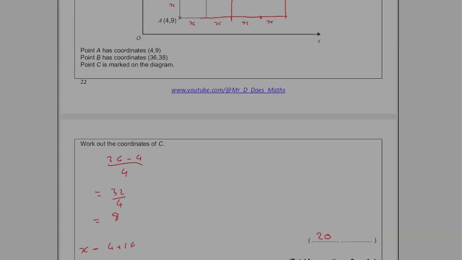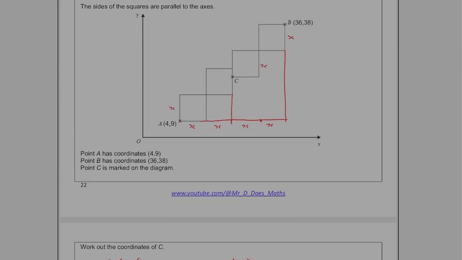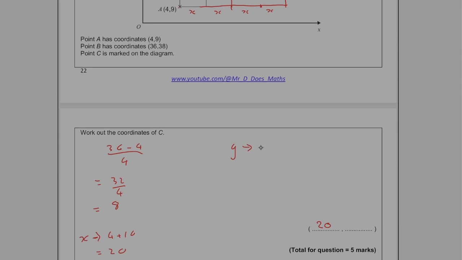So I'm going to say that the y-coordinate is going to be equal to 38 minus 2 lots of 8, so 38 minus 16, which is going to give us 22. So we're looking at the coordinate 20, 22.